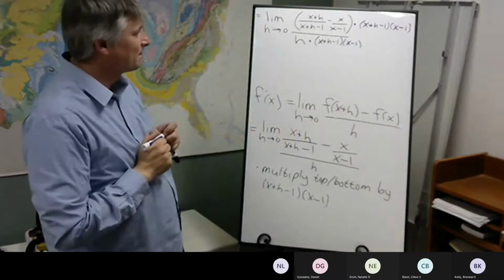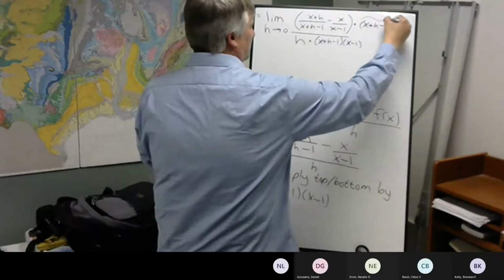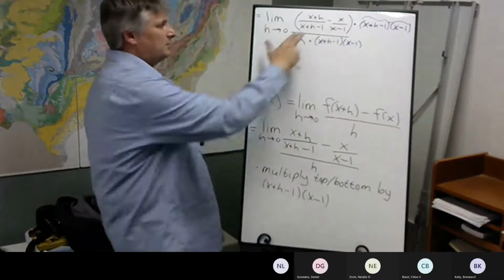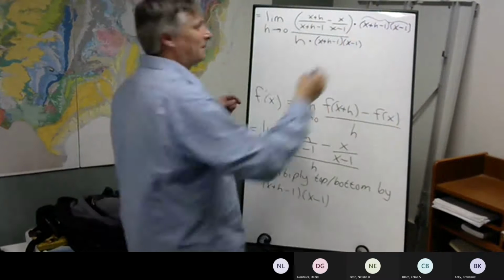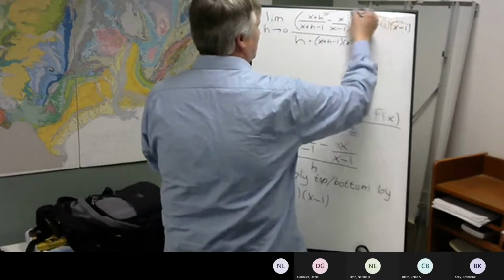So multiply top and bottom. So this whole thing here is going to be distributed to these two parts here, these two rational functions on the inside.